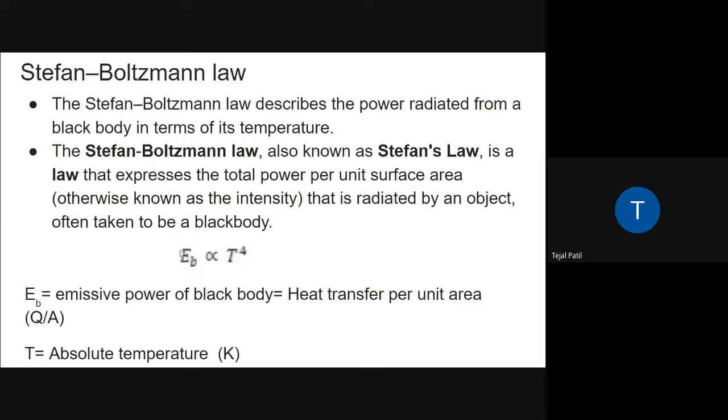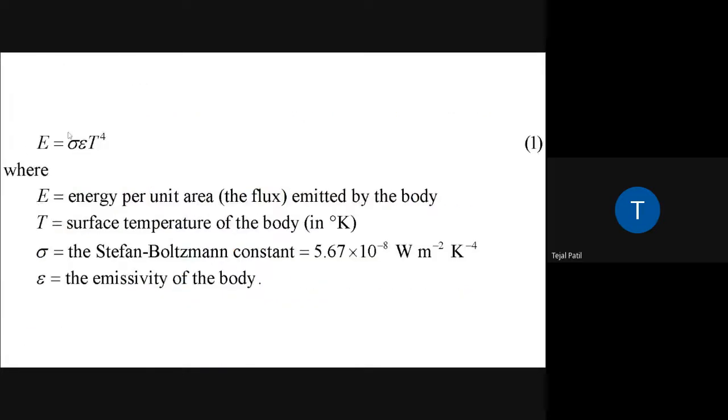So the emissive power of the body, or heat transfer rate per unit area, is directly proportional to the emissivity multiplied by the fourth power of the temperature. To remove the proportionality sign, we multiply by the Stefan-Boltzmann constant, denoted by sigma, whose value is 5.67 into 10 raised to minus 8.